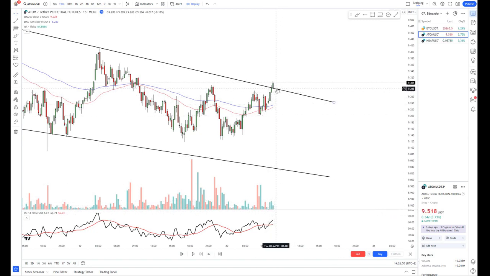So the best breakouts or breakdowns are the ones that go along with a lot of volume, or more volume than the previous candles. But what you do see here is that there is a bullish cross on the RSI.